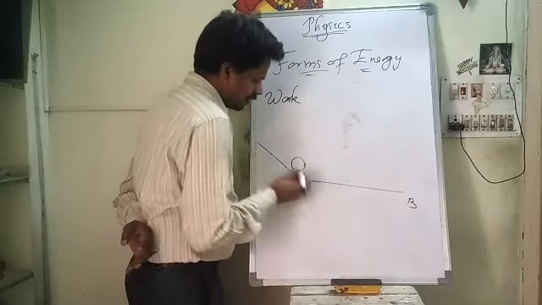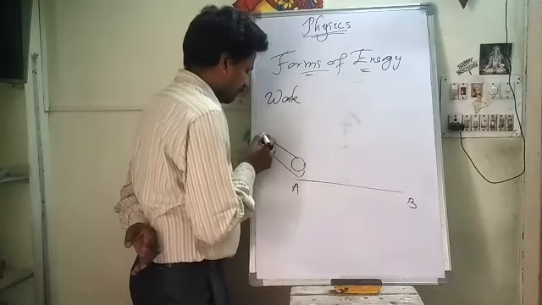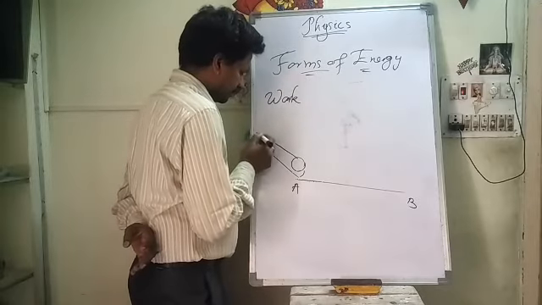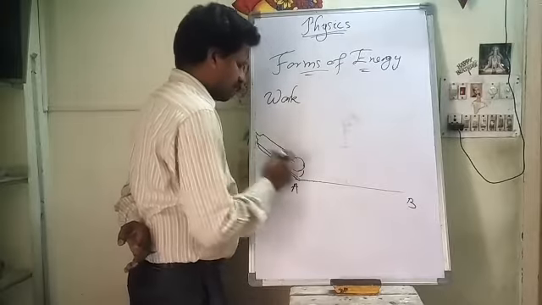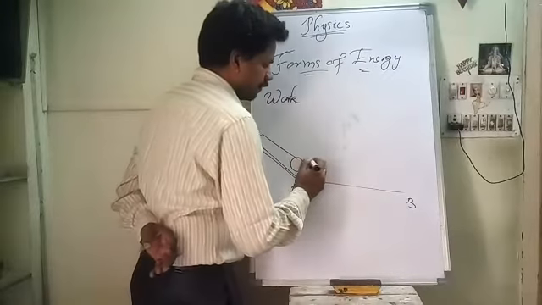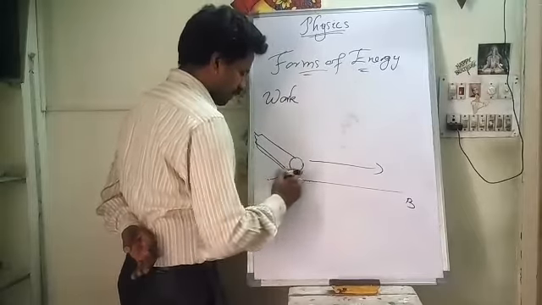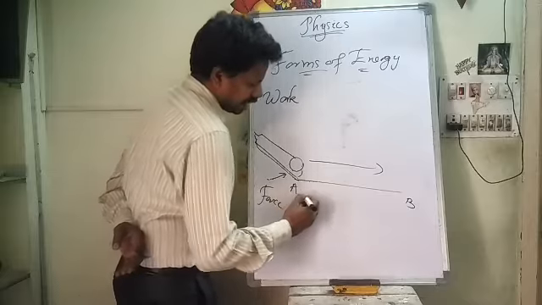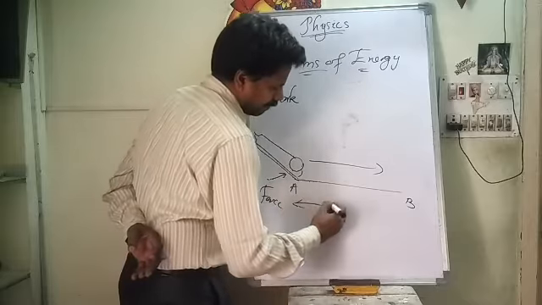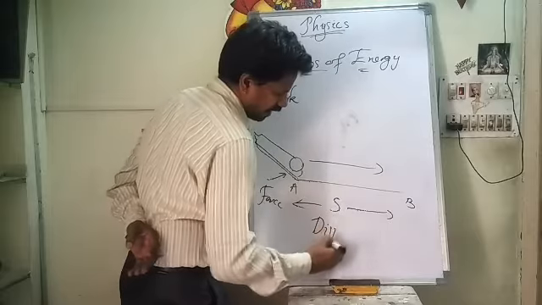Suppose you apply force with a bat. The ball can be moved from A to B by applying force. A certain distance is moved, that is displacement.